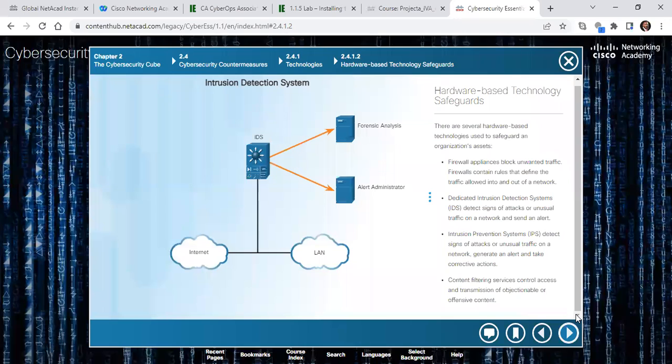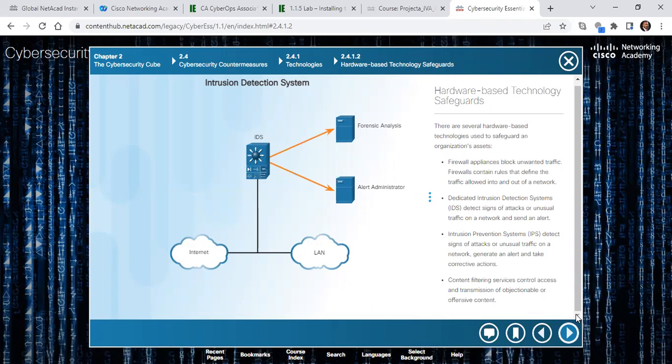Okay? So we also have the intrusion prevention system, the IPS. An IPS detects signs of attacks or unusual traffic on a network, generates an alert and takes corrective action.